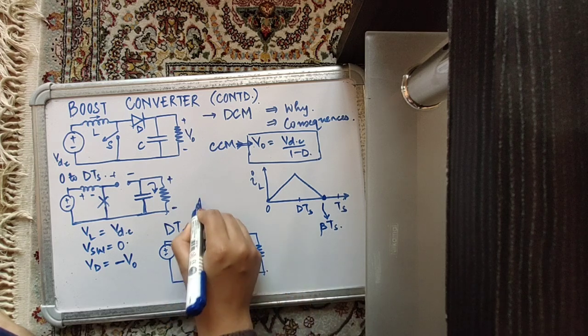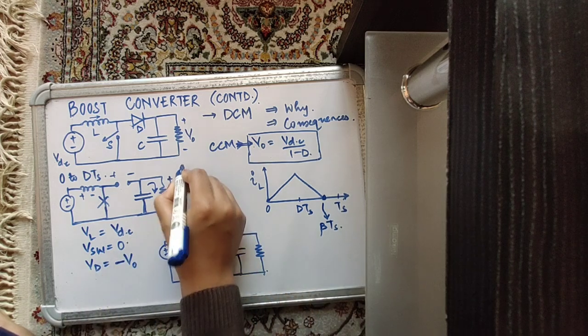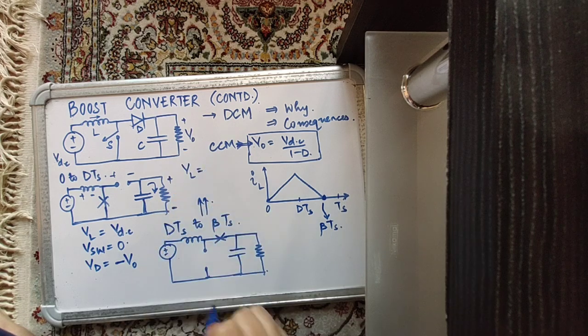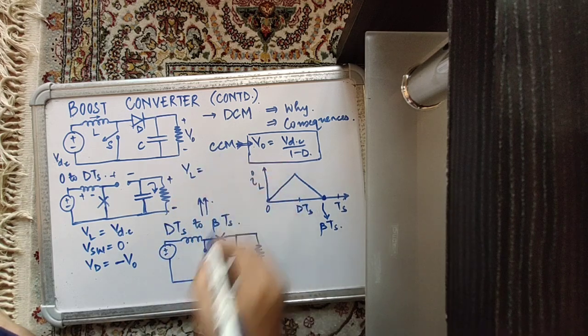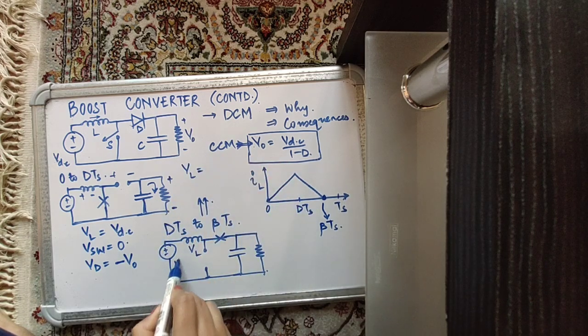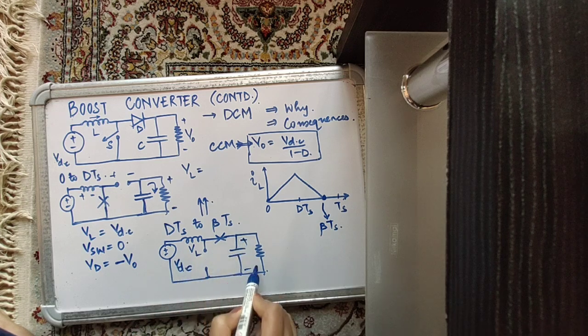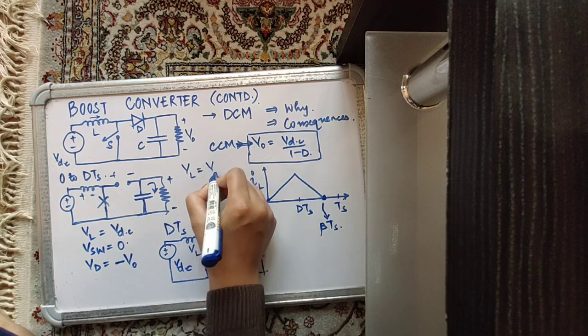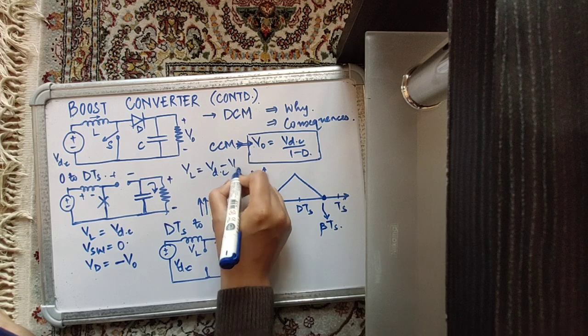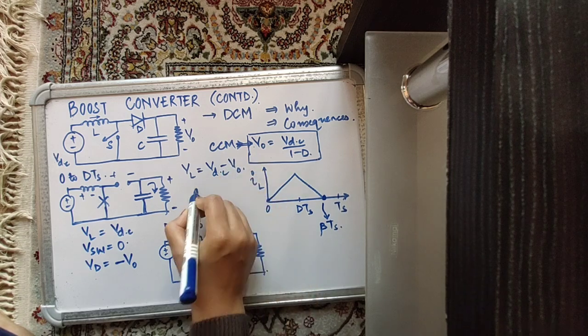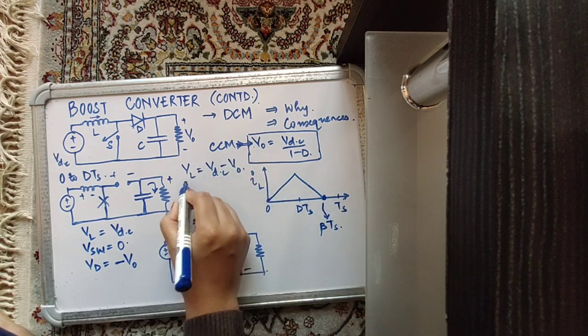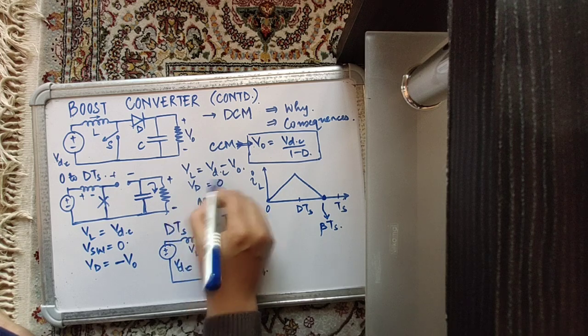Let's quickly see the voltage across the inductor in this interval. It has to be VL equal to VDC minus V0. What about the freewheeling diode? It is conducting, so the voltage across it is 0.